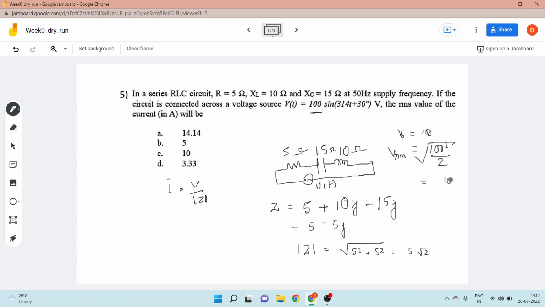So it is 100 by root 2. Now the current will be then 100 by root 2 into 5 into root 2. So it will be 100 by 10, that is equal to 10 ampere, which is given in option C, right?